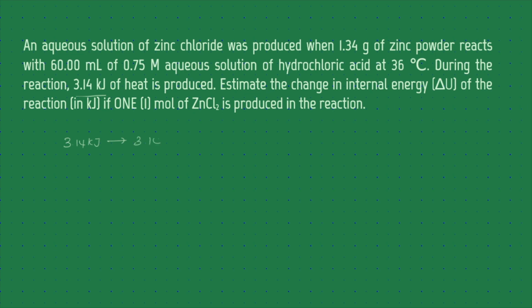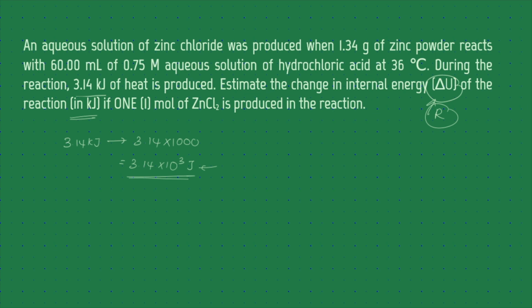So 3.14 times 1000, you shall get 3.14 times 10 to the power of 3 joule. Why do we need to convert this to joule? Although you were asked to calculate in kilojoule, when you want to calculate the delta U, you will need to use the gas constant R, which is in joule. So we need to convert this first.